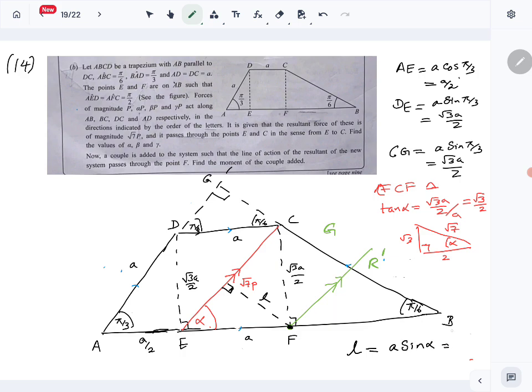Sine alpha is root 3 over root 7, so L is root 3 A over root 7.